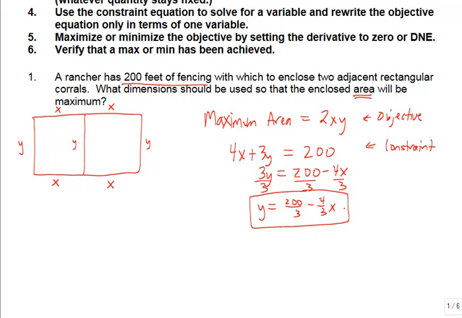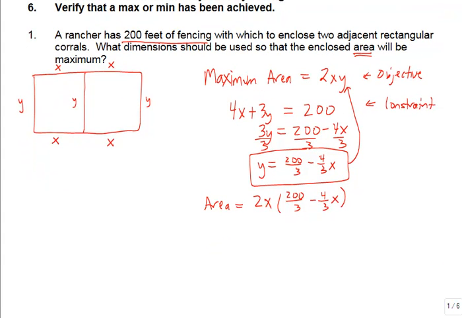And now what we're going to do with this y expression is substitute it into our area function to eliminate the y variable completely. So this new area becomes, instead of 2xy, 2x times the quantity 200 over 3 minus 4 thirds x.